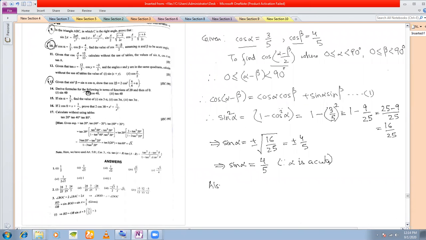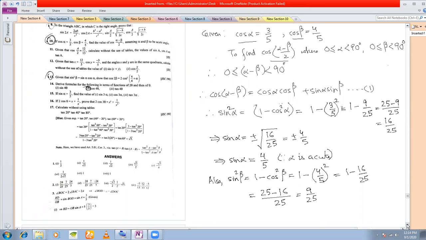Also, sin square beta is 1 minus cos square beta, so this is 1 minus 16 by 25, which is 25 minus 16 divided by 25, which is 9 by 25.